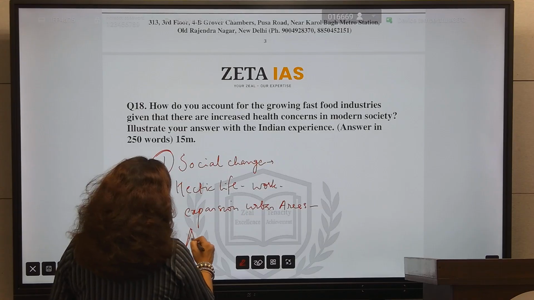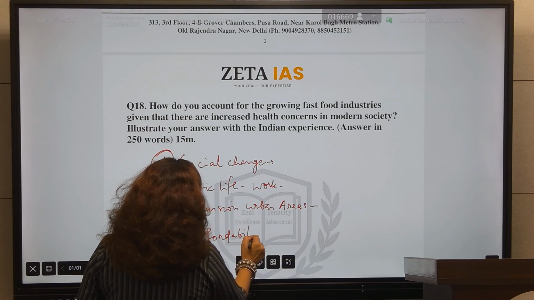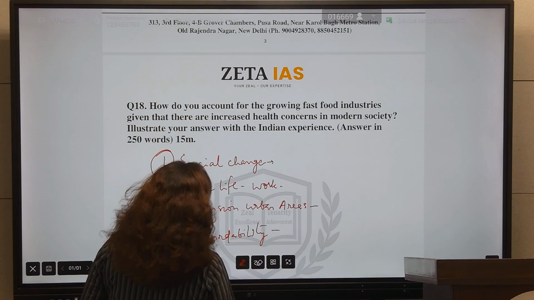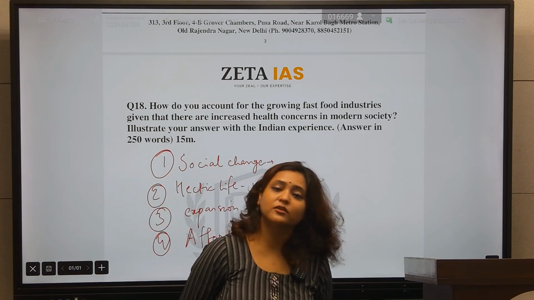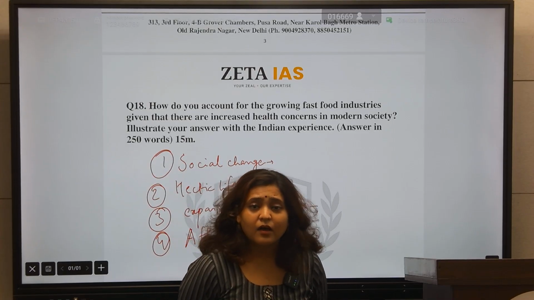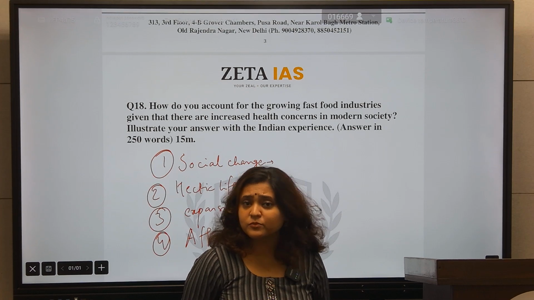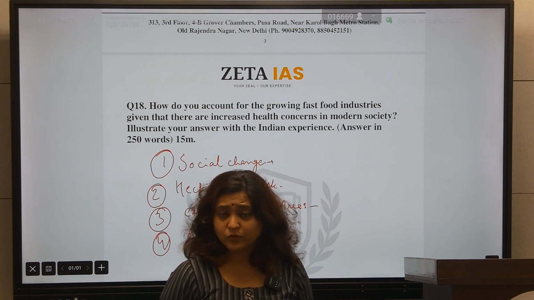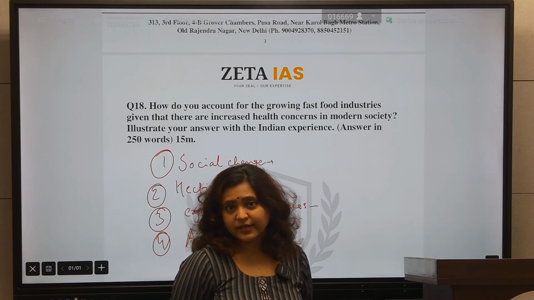Fourthly, it is affordability. See, the middle class is expanding, it is continuously expanding. There is social mobility, and the disposable income at hand is quite high, so people can afford to eat outside.